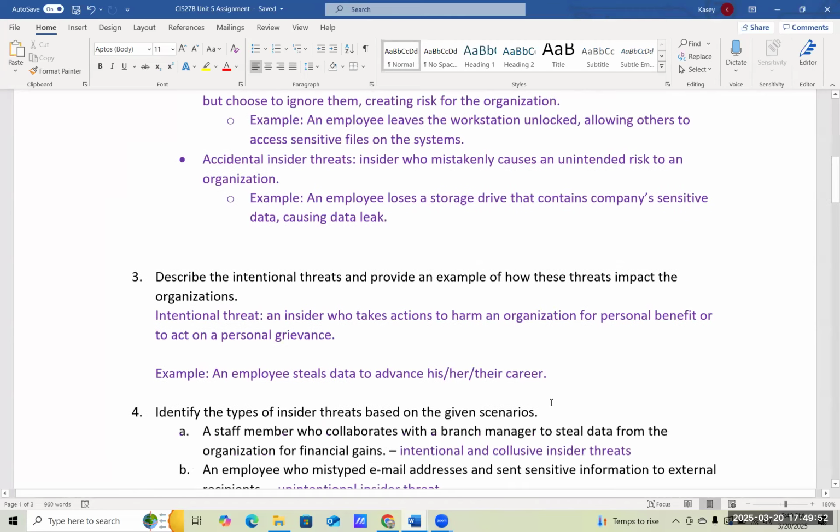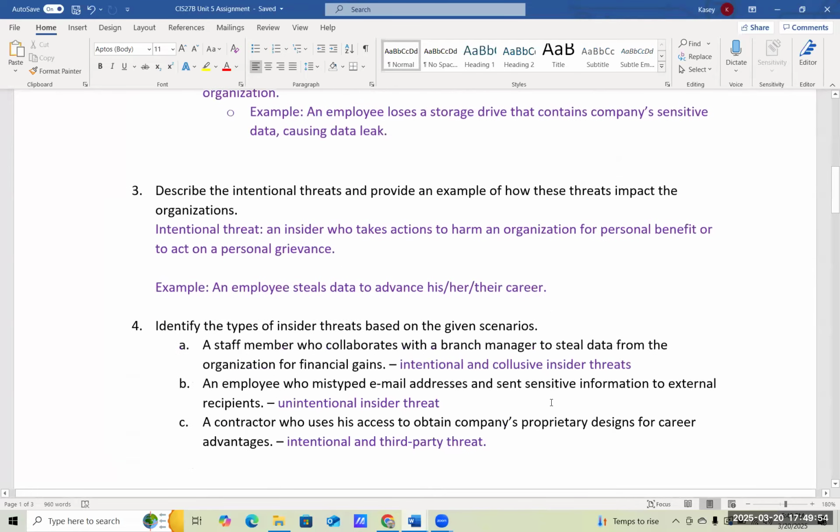Okay, so let's do number 4. Identify the types of insider threats based on the given scenario. A, a staff member who collaborates with a branch manager to steal data from the organization for financial gain. That's an intentional and collusive insider threat, right? They plan on it, so there's intention.